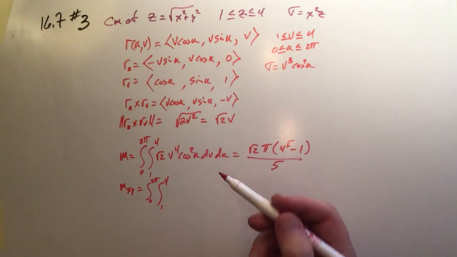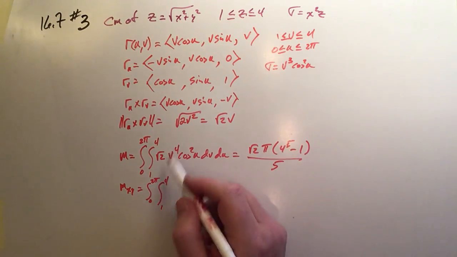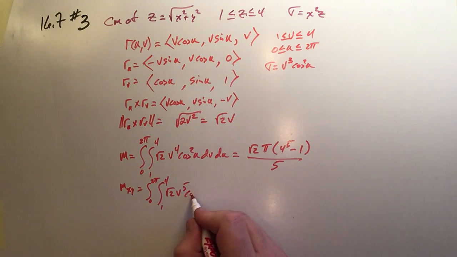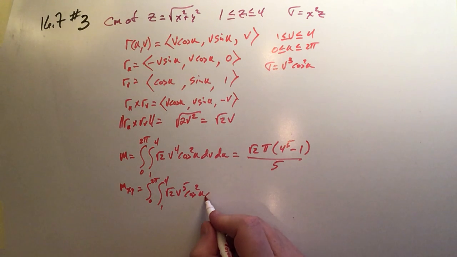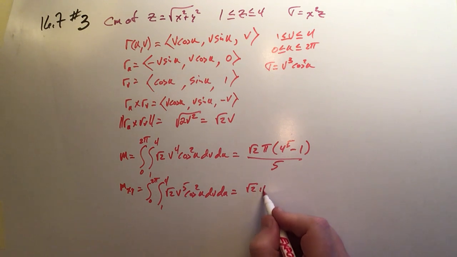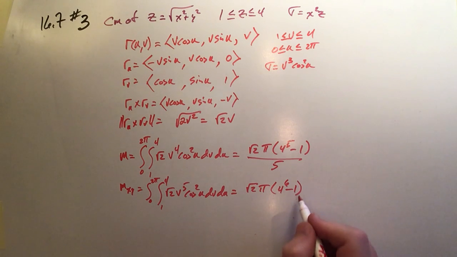The only difference is I have to add in a z, and of course an extra z means an extra v. So it's just radical 2 v to the 5th cosine squared u dv du, and unsurprisingly it works out to be radical 2 pi times 4 to the 6th minus 1 over 6.